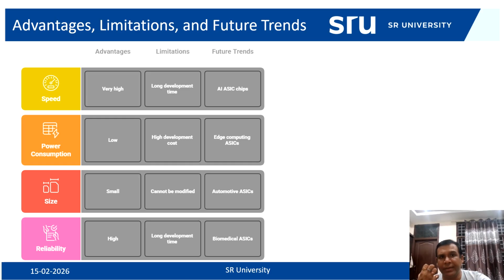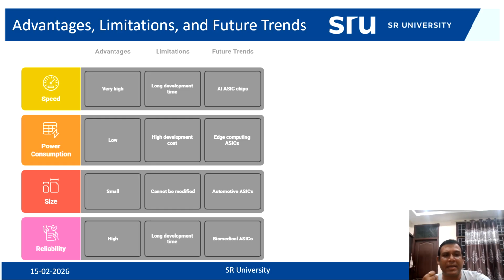Looking ahead, ASIC technology continues to evolve with emerging applications in AI. ASIC chips are being developed to accelerate machine learning and deep learning tasks efficiently. In edge computing, ASICs enable fast data processing near the data source, reducing latency and power usage. Automotive ASICs support advanced driver assistance systems and autonomous driving.